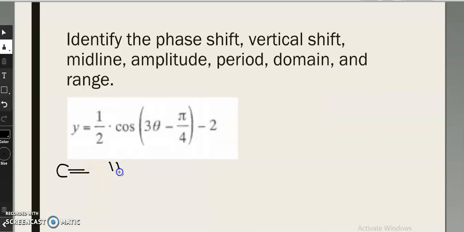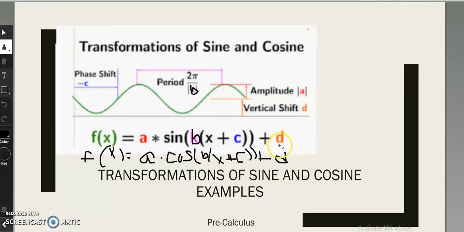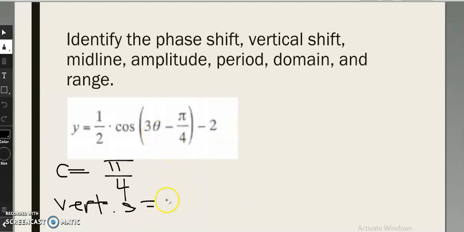So this is going to be pi over 4. It's my phase shift. My vertical shift, and we can go back, is D. And my vertical shift is -2.